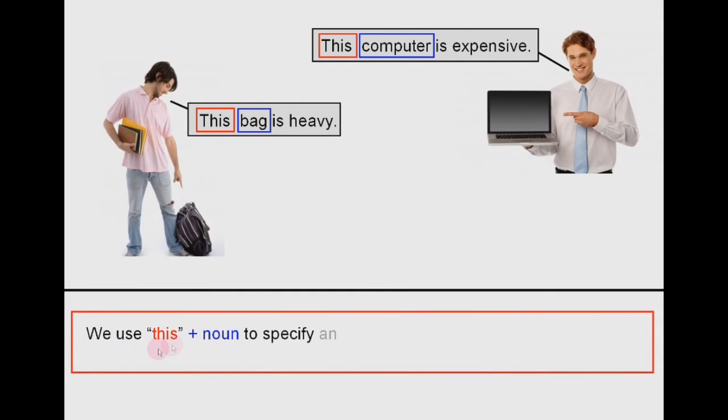So, we use this with a noun to specify an object or person in the singular that is near to us. So again, the important thing here is that the object or person is singular and near to us.